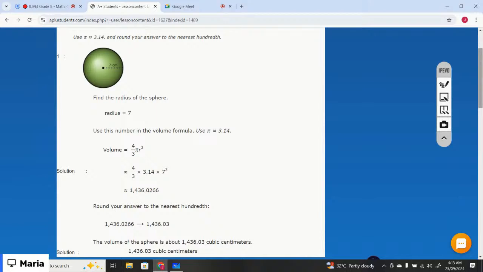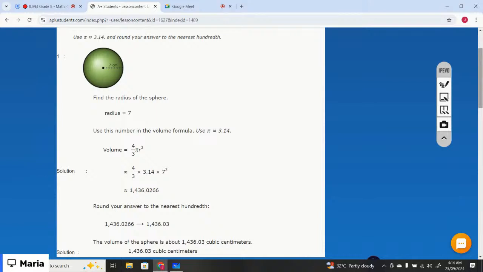So the correct option is that is 1436.03.